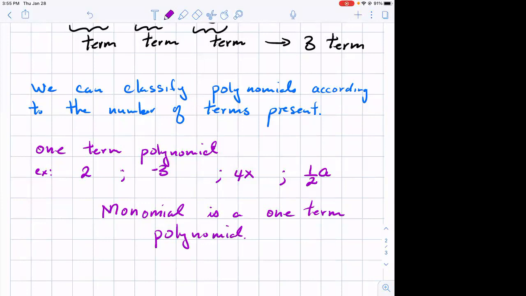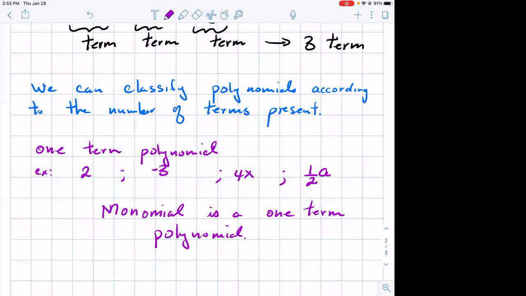Yeah. So the polynomial is the general name. It's like if we're in a class, I can say the students of this class. But if I want to call out only one person from the class, then I'll call you by name, right? For example, Tom is one student of that class. So polynomial refers to all the entire group. So monomial is a one-term polynomial.